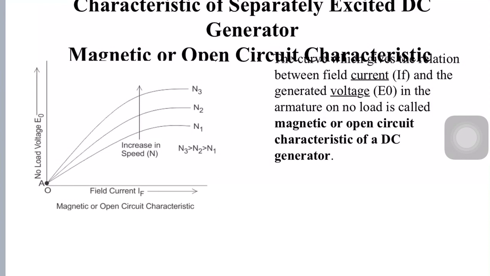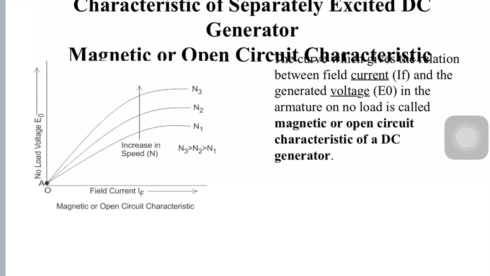First, to collect the data, we operate the generator at no load and constant speed and note down the terminal voltage with respect to field current.